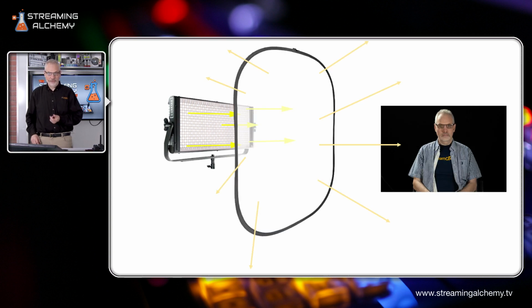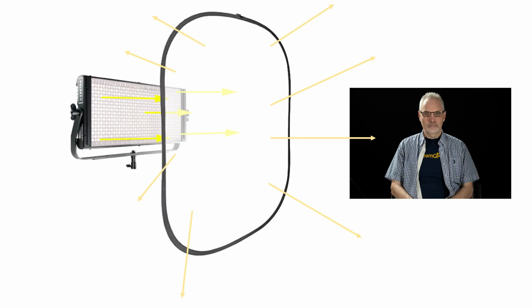But if I were to place something called a diffuser, some sort of fabric or some sort of gel that can take that light and have the beams scatter around, so they're not coming at the subject straight anymore, but they're coming from a lot of different directions, effectively enlarging the size of the light because this screen now becomes a big luminous object, the shadows now become much softer.